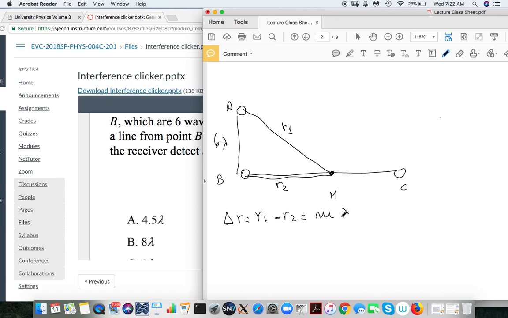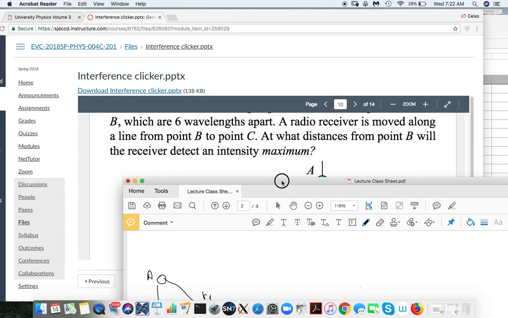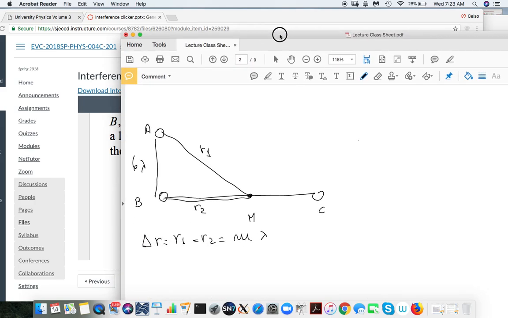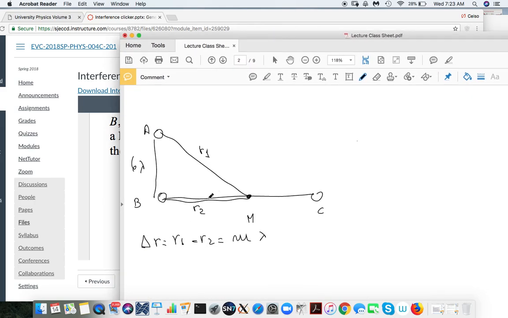What else is given? This is moved along this direction, so this angle here is 90 degrees.